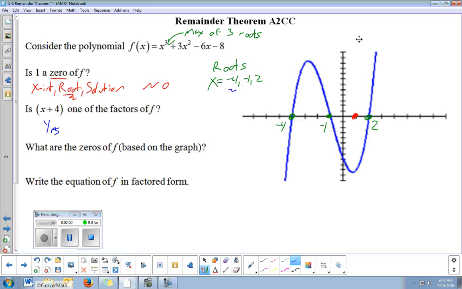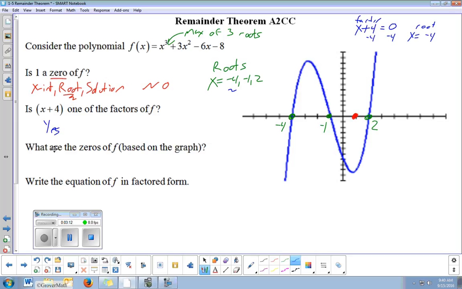Remember, the way to turn a factor, x plus 4, into a root is set it equal to 0 and solve it. -4 on both sides, you get x equals -4. So here is the factor and here is the root. We call them zeros because they have y values of 0. They're set equal to 0, and that's where they come from.